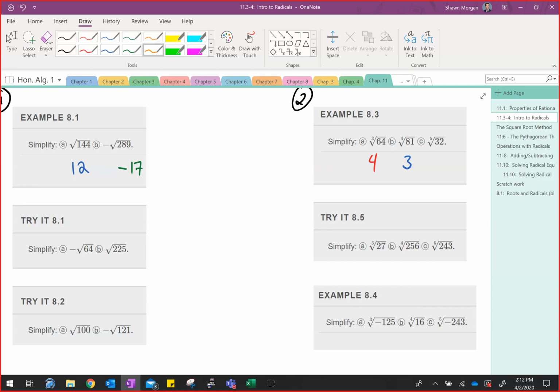Is it 2? Mm-hmm. It absolutely is. Very good. And so when you guys see examples like these two that we've done, example 8.1 and 8.3, those are examples where the numbers work out nice and neat. And so you very well likely won't see a lot of those in an algebra lesson like 11.3 or 11.4. They're most likely going to give you ones where they don't simplify out very well.